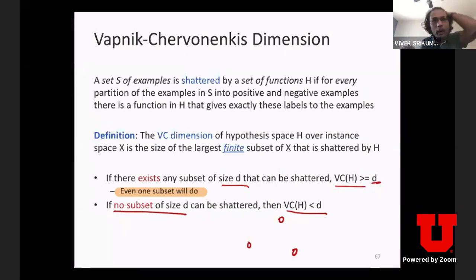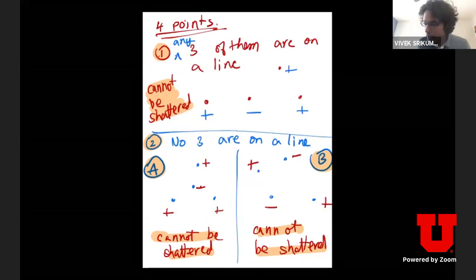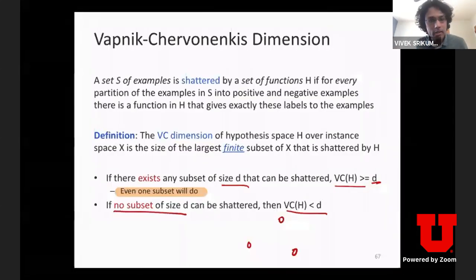I want you to revisit this lecture afterwards and think about how the quantifiers line up. With 4 points, I showed that no matter how 4 points exist on a plane, they cannot be shattered. Every arrangement of 4 points, by considering these 3 cases, is covered. Every arrangement of 4 points on the plane cannot be shattered. As a result, 4 points cannot be shattered. For 3 points, there is one arrangement that can be shattered. As a result, the VC dimension is at least 3.